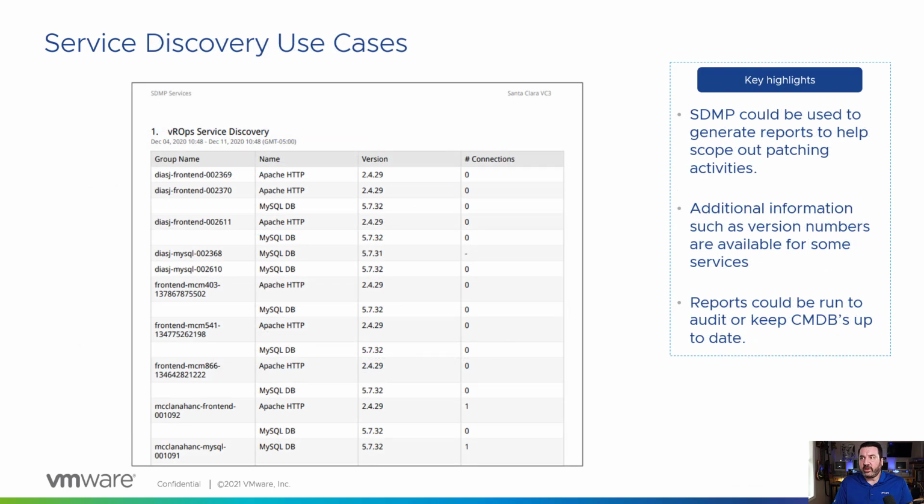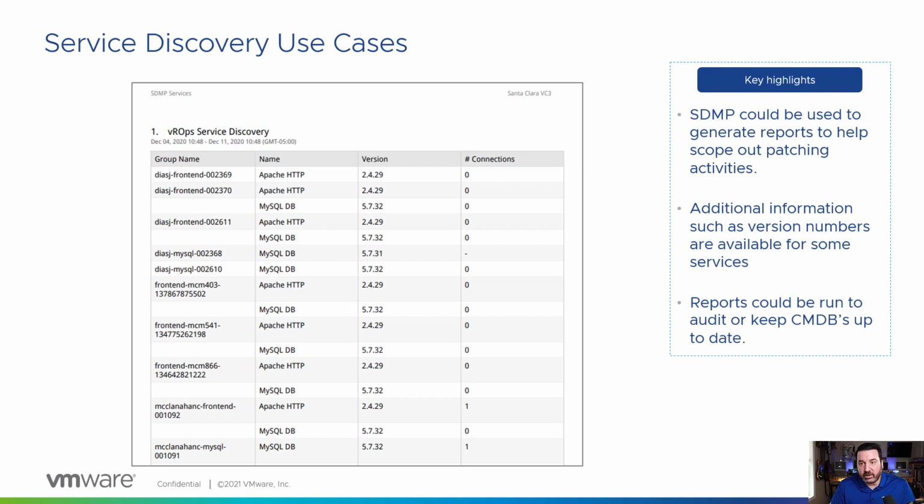Other cool use cases for service discovery would be if we're trying to patch things, or if there's a vulnerability for a specific service that we might be running. We can get version information for a lot of the services. It's not available for all services. It really depends upon the publisher and whether or not they make that information available to us.